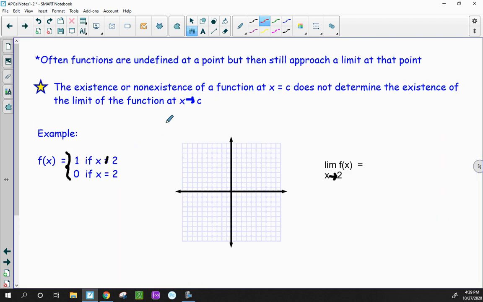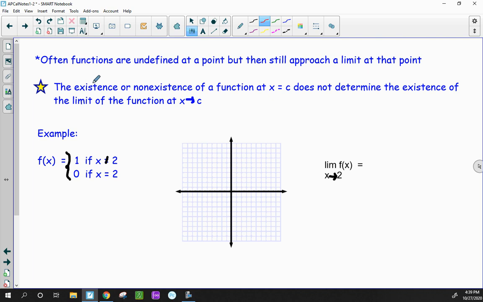Alright, moving forward, often functions are undefined at a point, but then they still approach a limit at that point. So what that means basically is often, like in the last picture, you're going to have graphs that may have a hole in them, but then when they ask you to limit as x approaches that x value, there still can be an answer to that.